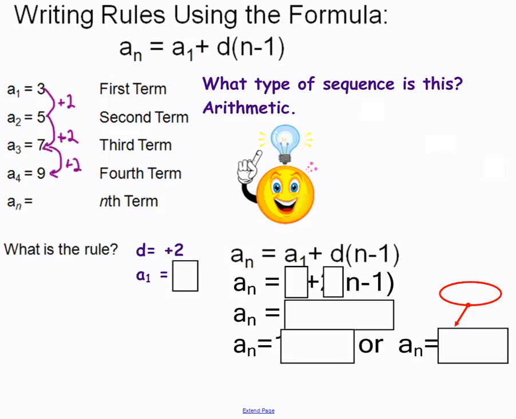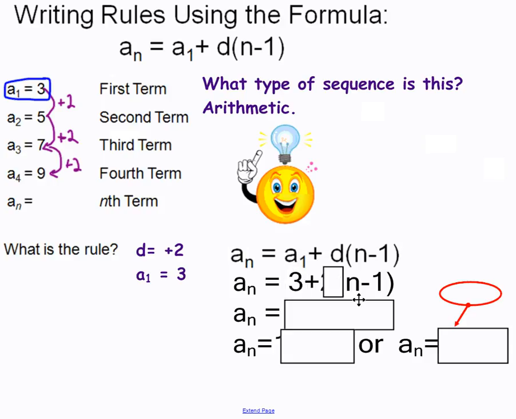My very first term is this one right here. Here's my first term, and it is 3. All I have to do is take these numbers, the difference of 2 and the first term, and stick them in my formula. So a sub 1 is 3.